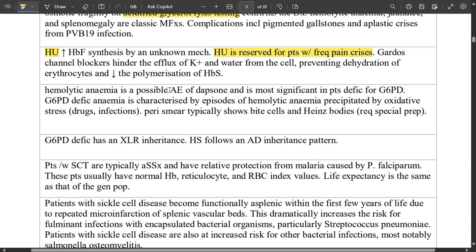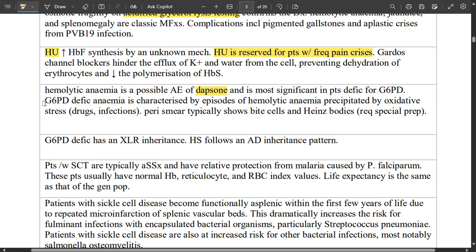Hemolytic anemia is a possible adverse effect of dapsone. Dapsone is one of the drugs which causes hemolytic anemia, and is most significant in patients deficient in G6PD. So in G6PD deficiency patients, dapsone is more likely to cause hemolytic anemia. G6PD deficiency anemia is characterized by episodes of hemolytic anemia precipitated by oxidative stress. In G6PD deficiency, oxidative stress cannot be withstood by the cell.